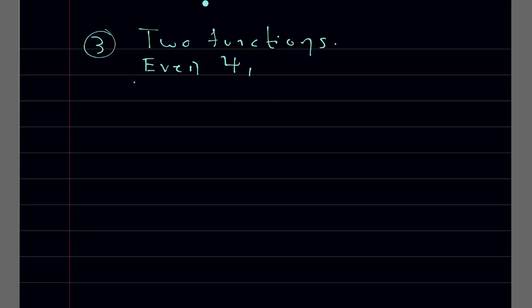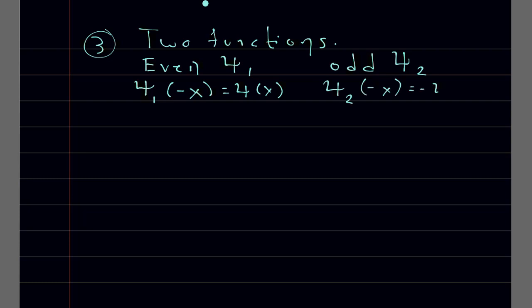So by even function, I mean if you have psi1 of minus x, you are going to get psi1 of x. And we are going to take an odd function, psi2, such that psi2 of minus x is minus psi2 of x. As you can see, now we have two bases because these two functions, psi1 and psi2, are linearly independent. Okay.